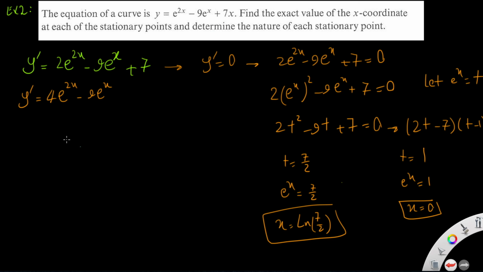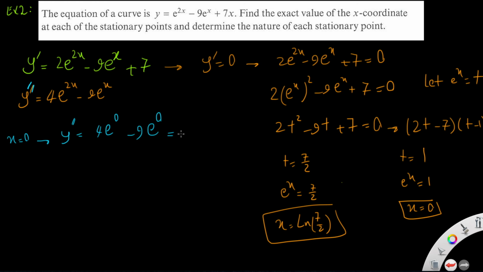These points must be substituted into the second differentiation. If x is equal to 0, the second differentiation will be 4 e to the power of 0 minus 9 e to the power of 0.